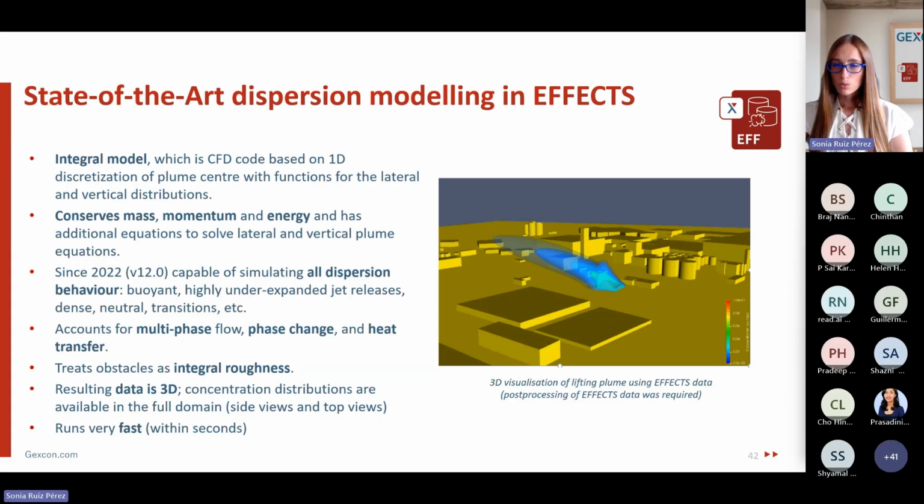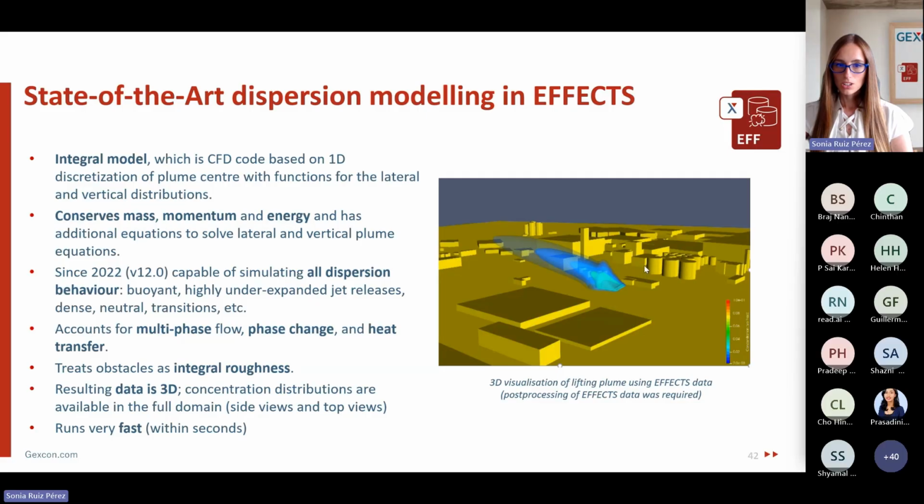Also, concentration distributions are available across the full spatial domain, and the model operates efficiently within seconds. What we see in this slide over here, this visualization of this hydrogen cloud, is actually not within EFFECTS at the moment, but we have the capability of extracting data and doing some post-processing to get this type of 3D results in other platforms, like FLACS CFD post-processor, for example.